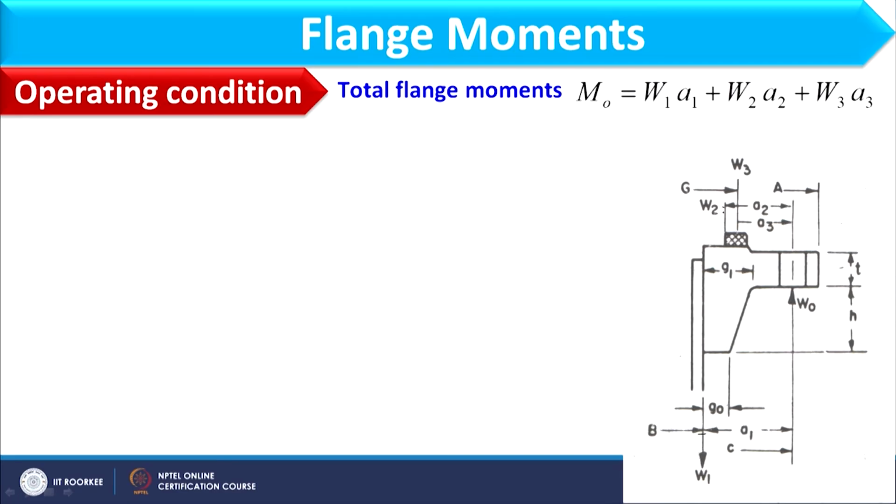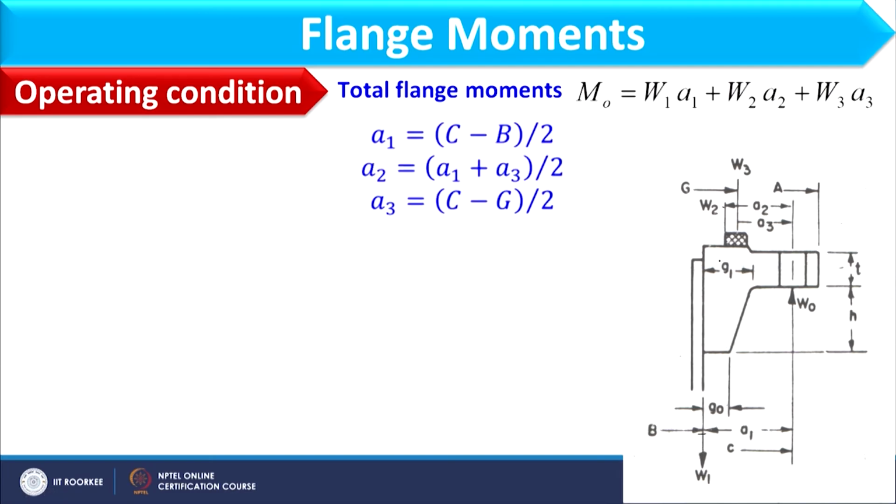So the distances at which W1, W2 and W3 act from W naught are given by A1, A2 and A3, and according to this figure, you can find A1 as C minus B by 2, A3 as C minus G by 2 and A2 as (A1 plus A3) by 2.